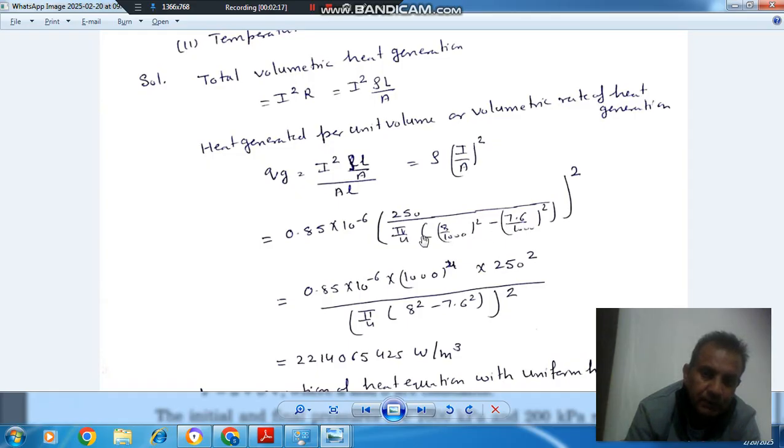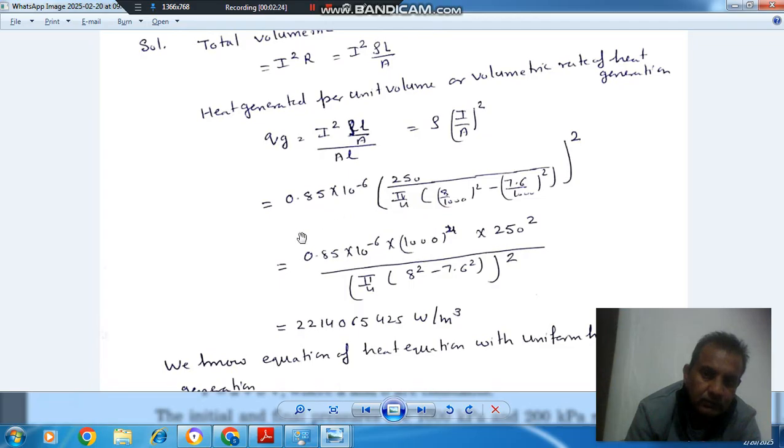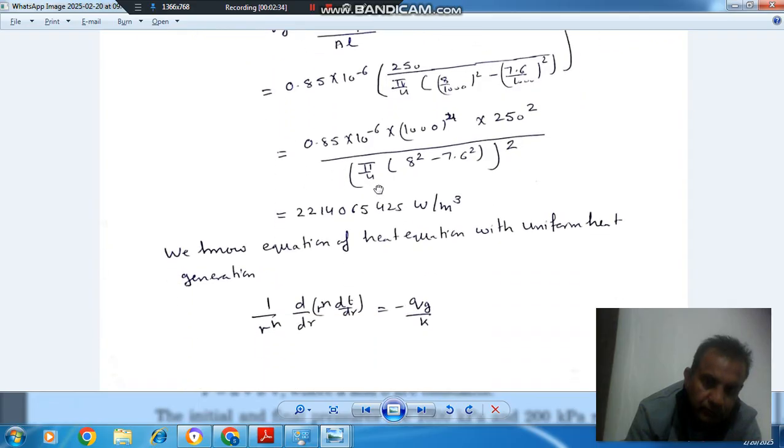So we divide by 1000 square, then it will be meter square. Solving this, we get heat generated per unit volume as 2214065425 watt per meter cube. Okay, so this is the volumetric heat generation, or the answer to the first question.